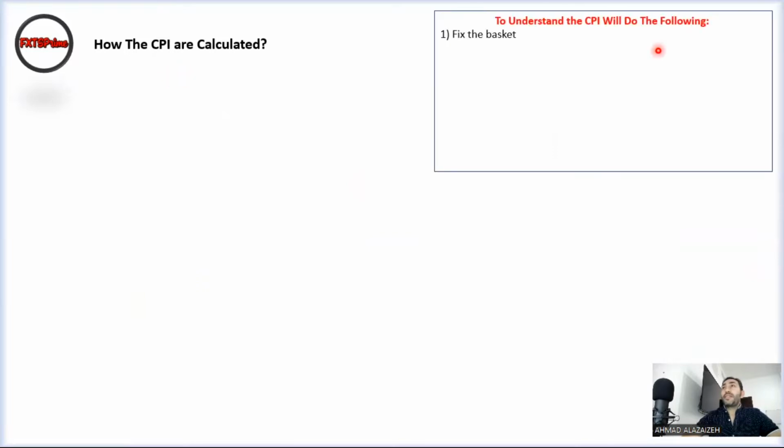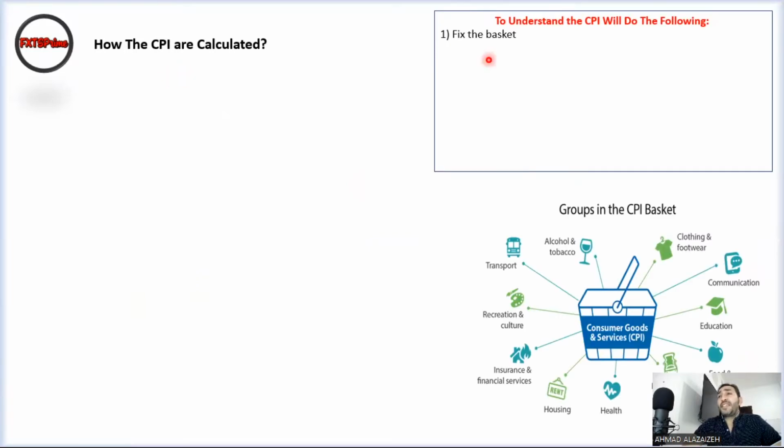To understand the CPI, let's explain again in this example what the basket means. The basket means a typical group of goods and services required by the household, and the household will spend on the goods and services he needs.